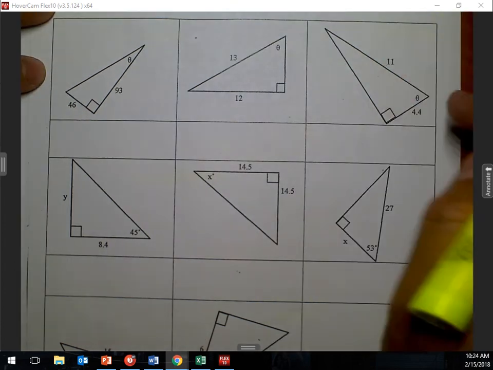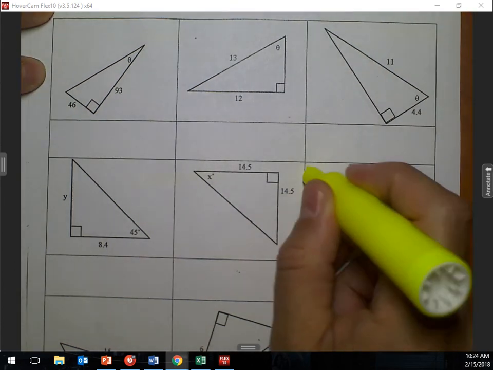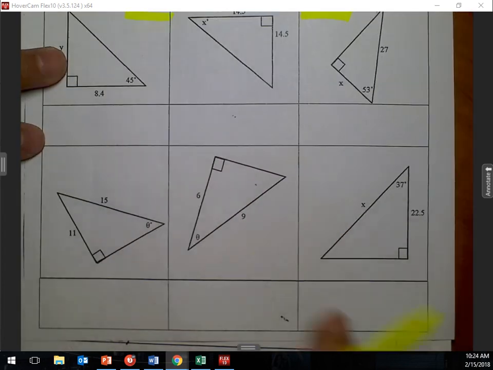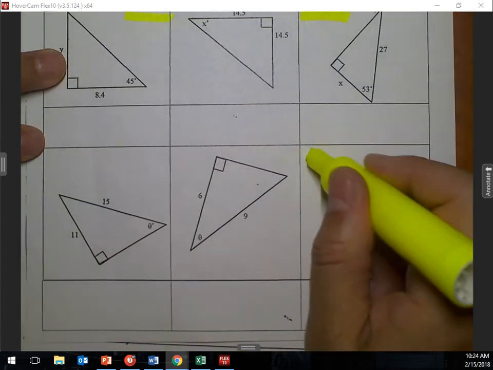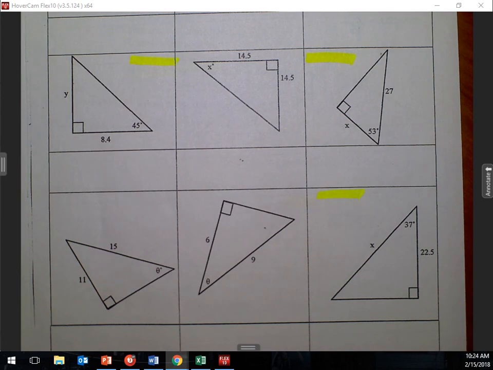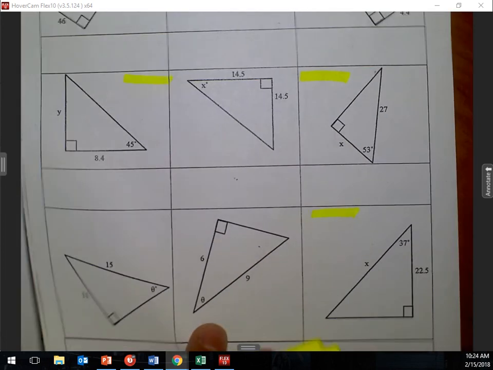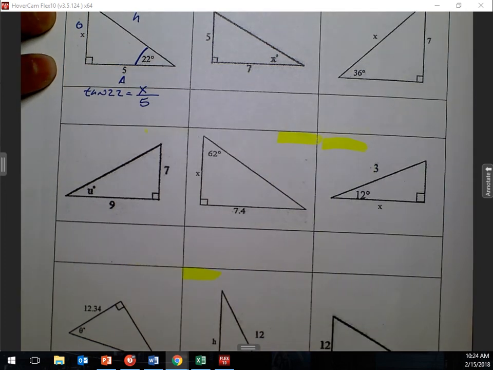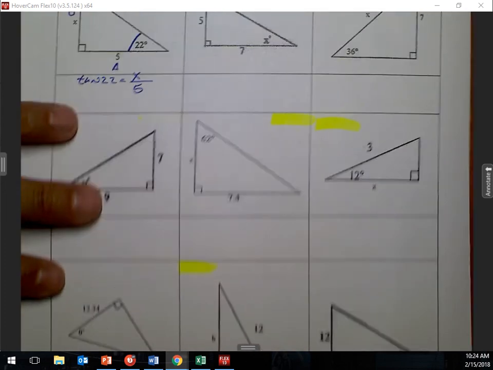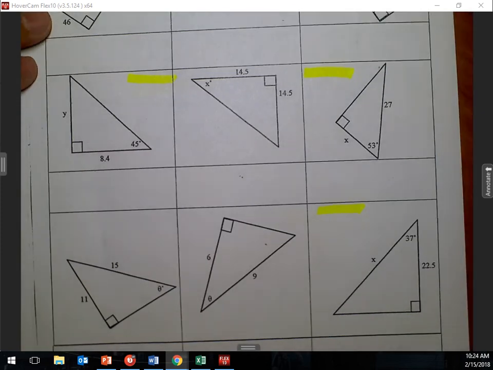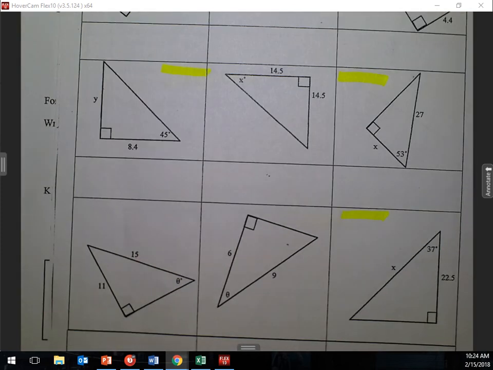And so you are only doing the ones where you solve the side. Tomorrow we're going to solve the angles. So you have 3 on the back, and 1, 2, 3, 4, 5 on the front. The back again? Alright. Let's see.